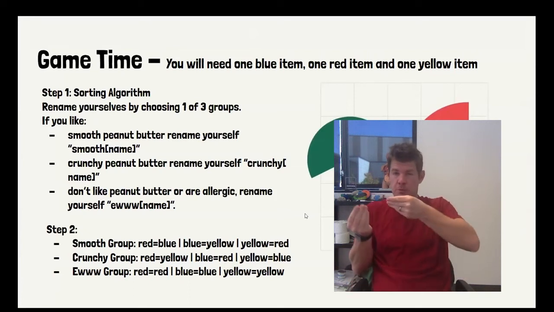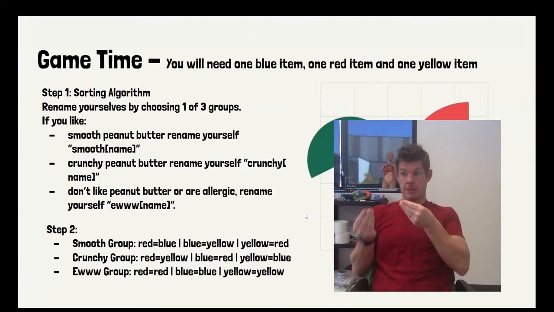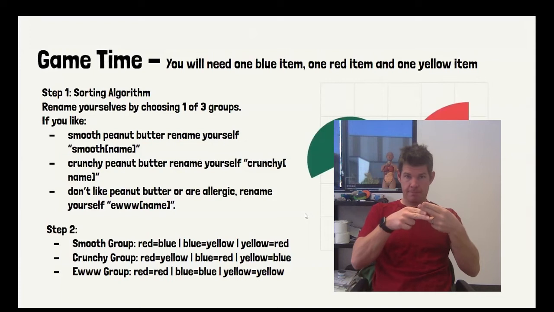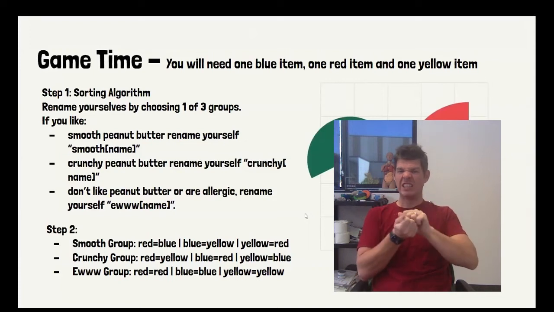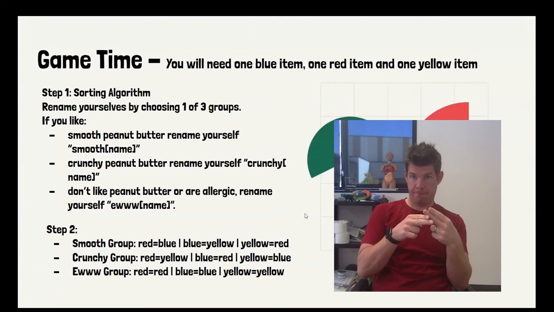So for the smooth peanut butter people, we're going to rename ourselves Smooth and our first name. For the crunchy peanut butter, you're going to rename yourself Crunchy and your first name. And for the people who are either allergic or don't like peanut butter, you're going to call yourselves Ooh and your first name, okay?